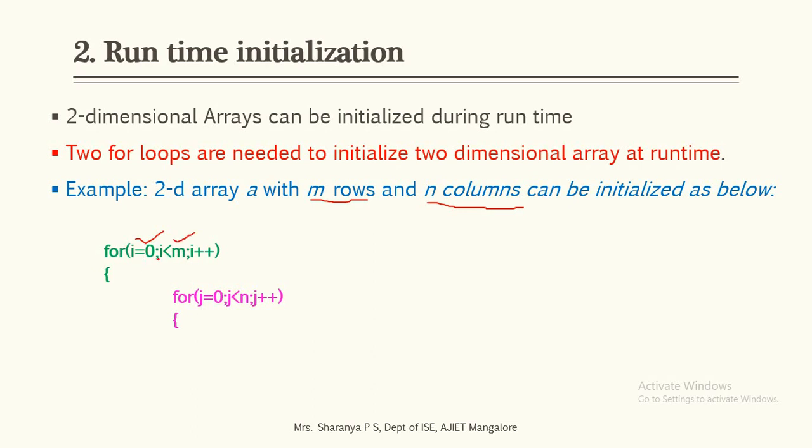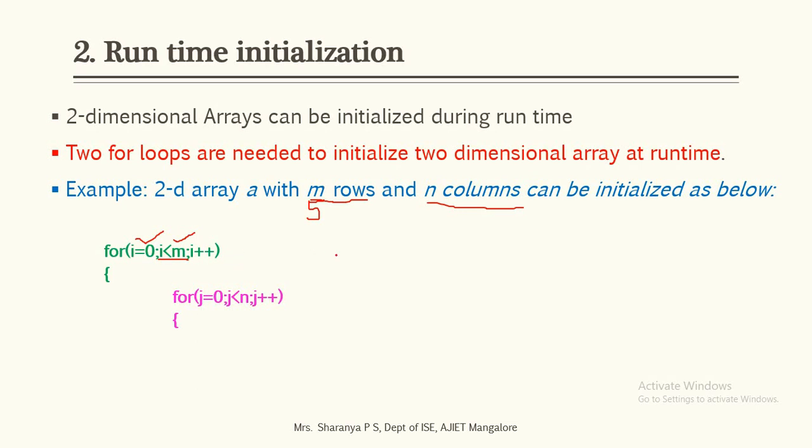Please note it is less than m because this loop will be running till size minus 1 number of times. Suppose if it is 5, then this loop will be running till 4, since the index value is beginning from 0 onwards, and we are incrementing this i each time.